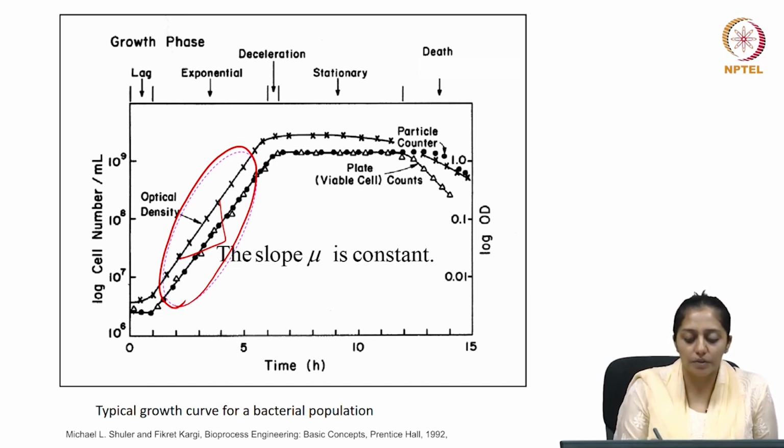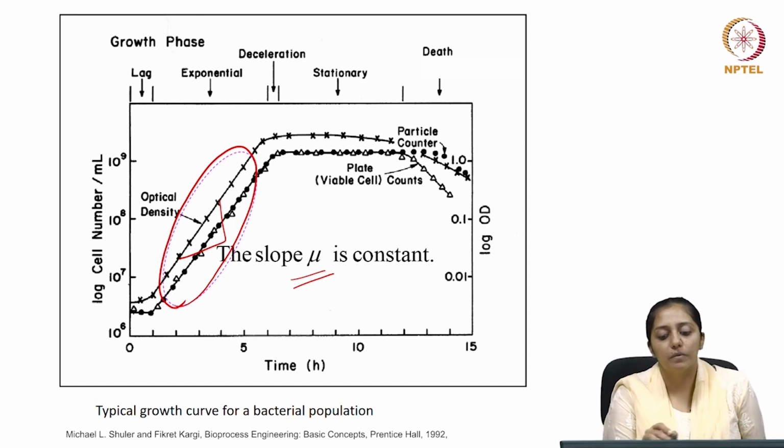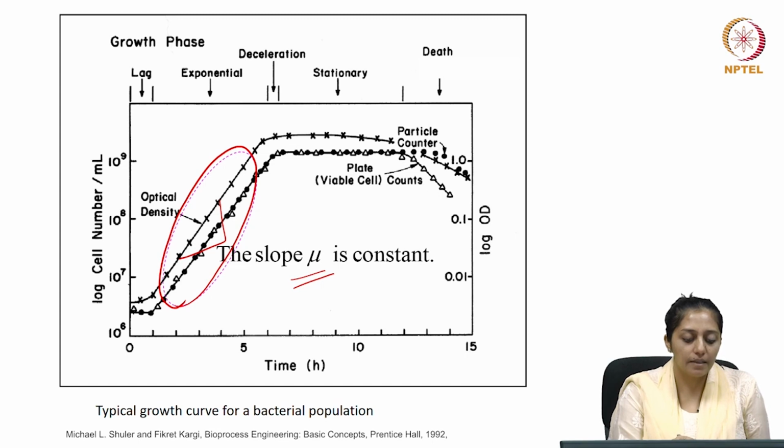So, this is your specific growth rate of the culture. As I have already told you, we had already seen different phases of growth in a typical batch growth curve. In terms of cell numbers, you can see the death phase, the stationary phase, the decline phase, the deceleration phase, the exponential phase, and the acceleration phase along with the lag phase.